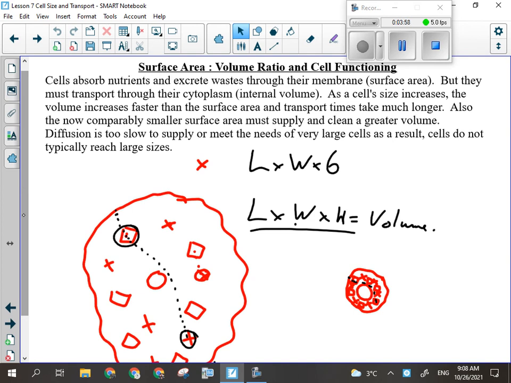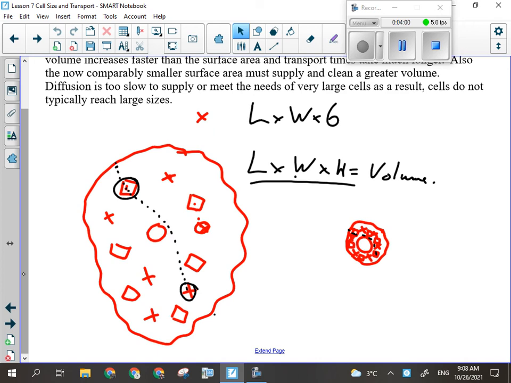All right? So example being something like this. So this is a normal cell here on the right. Okay? So we got like the nucleus here in the middle, and all the little X's and O's are different organelles within the cell. Okay? If something needs to move from the cell membrane, so let's say it's absorbed right here, okay, to this organelle here, it doesn't have to go very far. Agreed? Okay. In this much larger cell, if something needs to be absorbed here and get to that same organelle, look how much further it has to go.